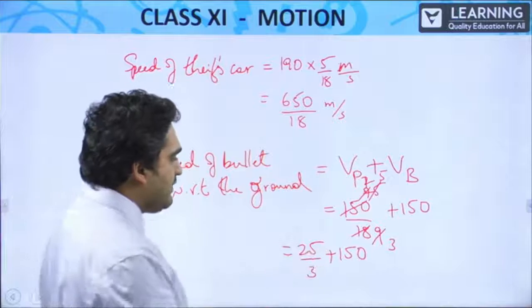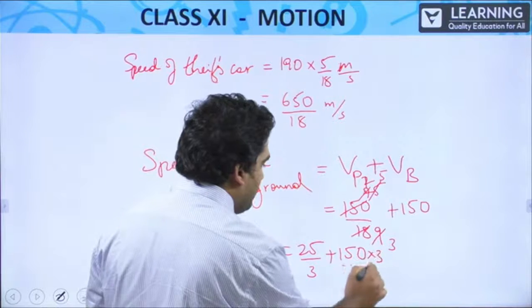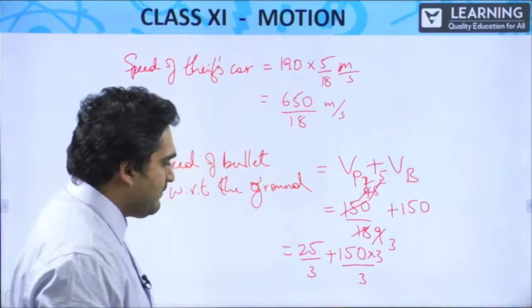Now find the LCM, which means you multiply the numerator and denominator by 3.